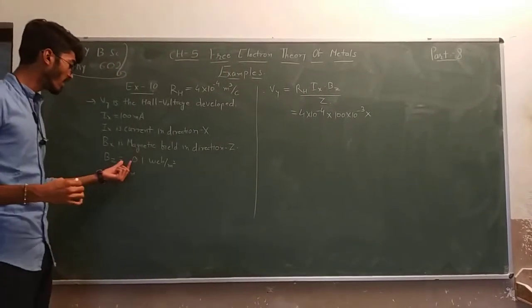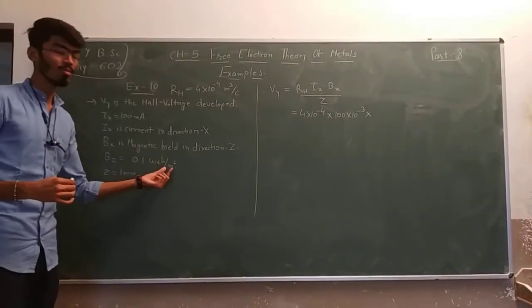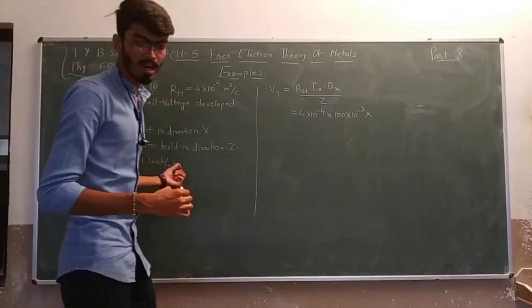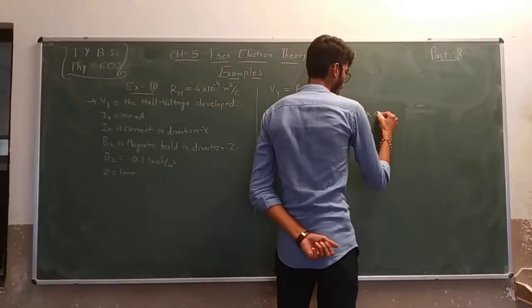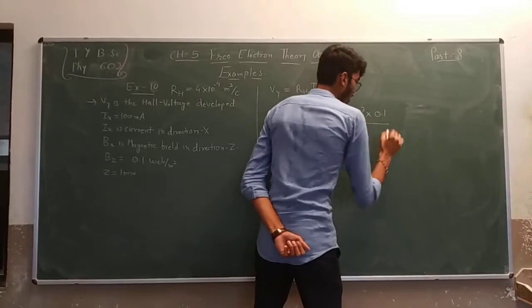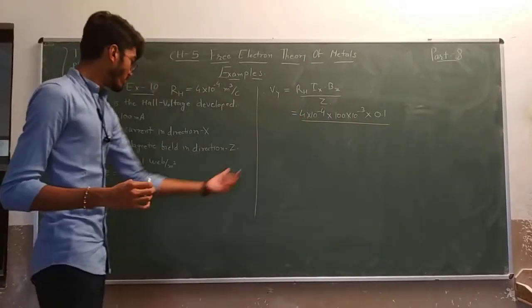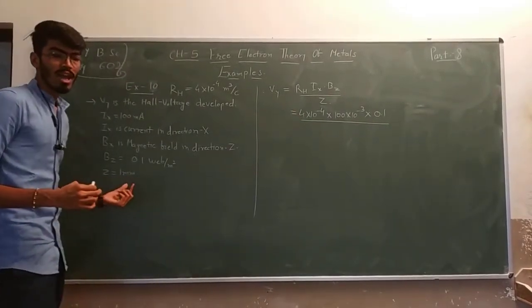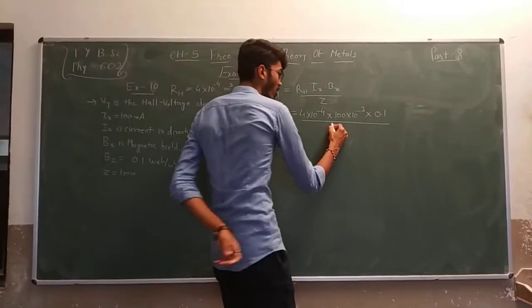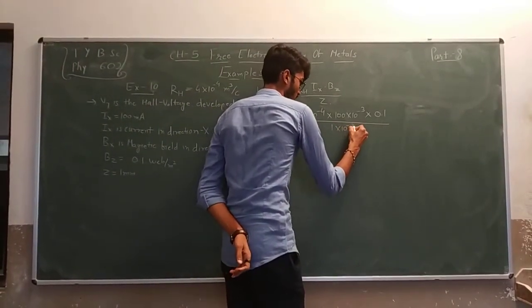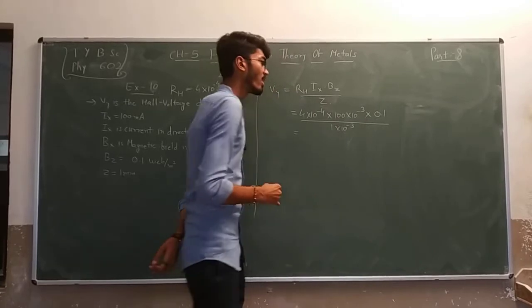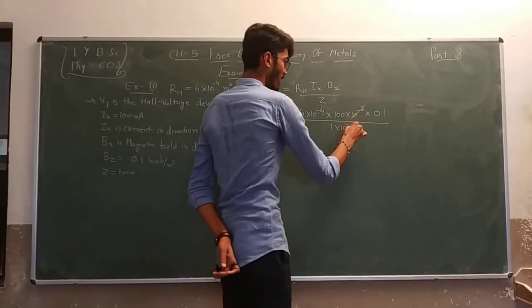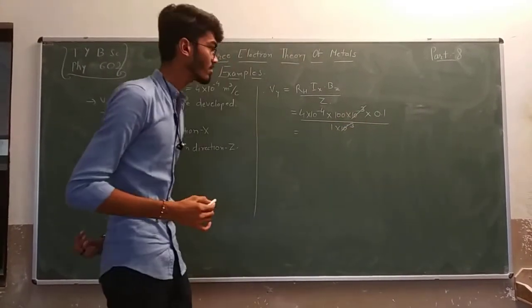After that B_z, 0.1 weber per meter square, so 0.1, upon Z, which is 1 mm, equal to 1 × 10^-3. So here 10^-3 and 10^-3.